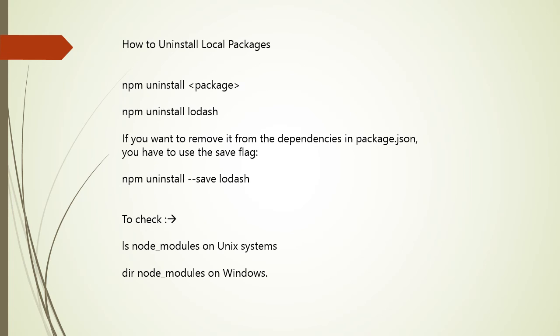If you want to confirm that npm uninstall worked correctly, you should find the node_modules directory. Ensure that it no longer contains a directory for the packages you uninstalled. This can be done by running ls node_modules on Unix systems or dir node_modules on Windows.